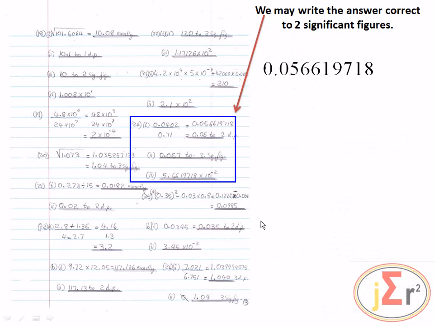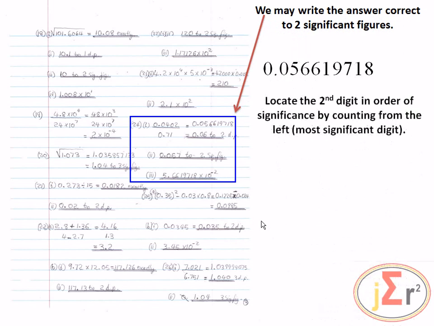We may write the answer correct to 2 significant figures. Locate the second digit in order of significance by counting from the left most significant digit. The most significant digit in this case is this 5, which is the first non-zero digit that we encounter.